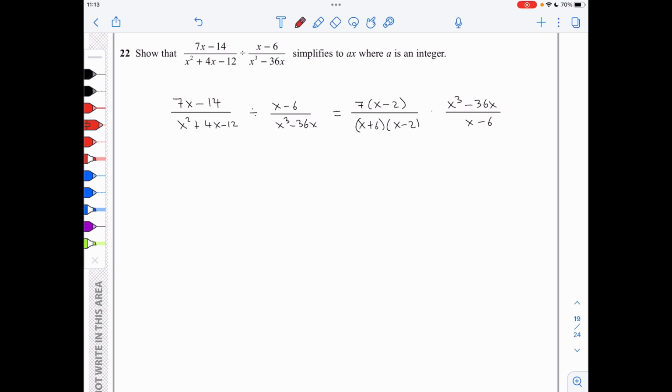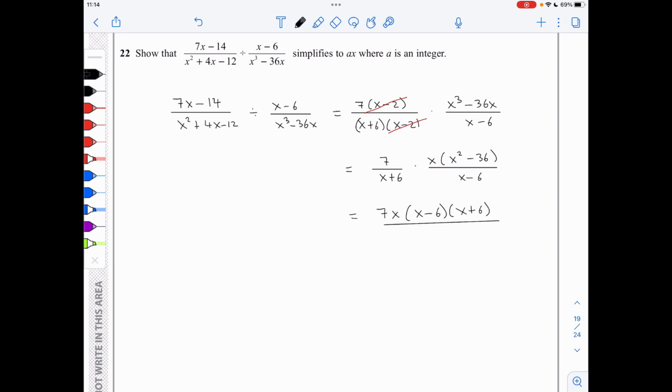Before proceeding, I notice that the x minus 2 cancels out. So I'm left with 7 over x plus 6 times x brackets x squared minus 36 over x minus 6. Now this means that I've got 7x. The x squared minus 36 factorizes, it's the difference of 2 squares, so it's x minus 6, x plus 6.